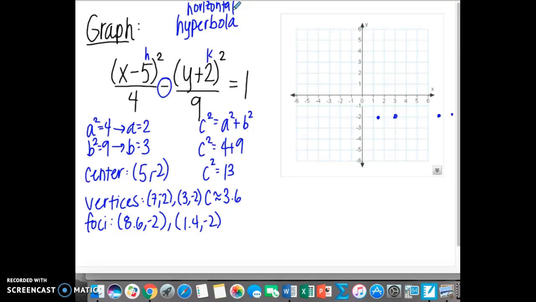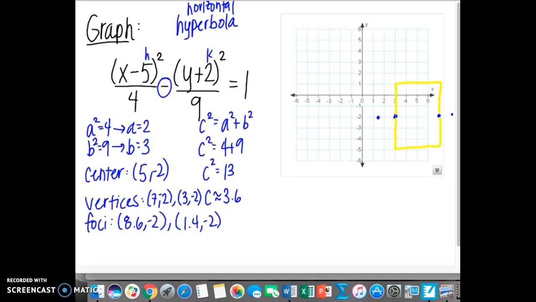Anytime we have a hyperbola, we're going to go ahead and draw that box in. Since we have a b value of 3, we're going to start with our focus points and go up 3. So 1, 2, 3. Over to our other focus point, and then down 3 as well.